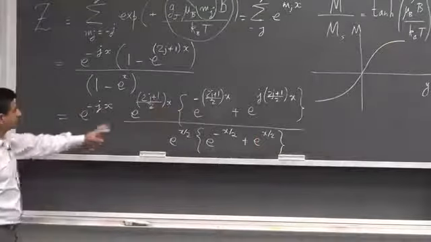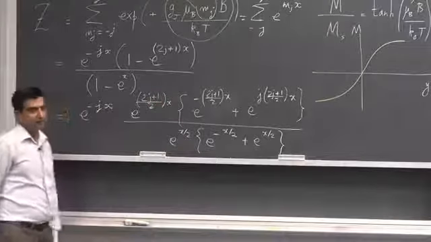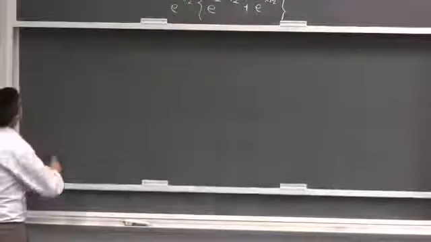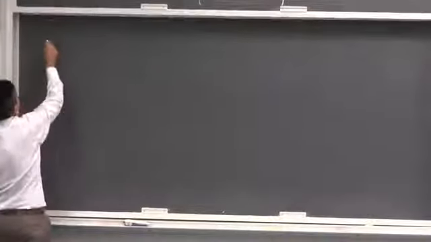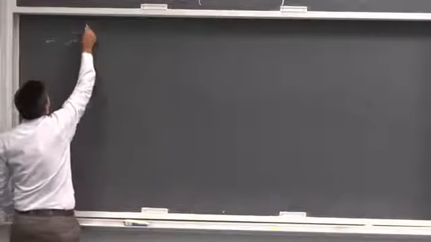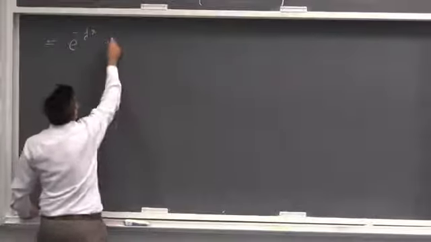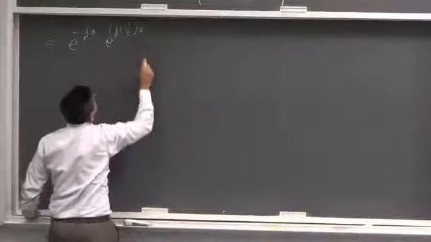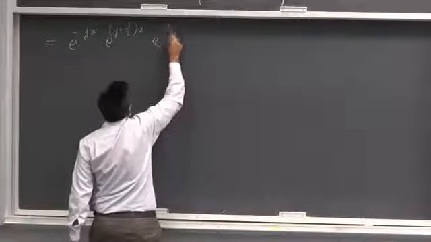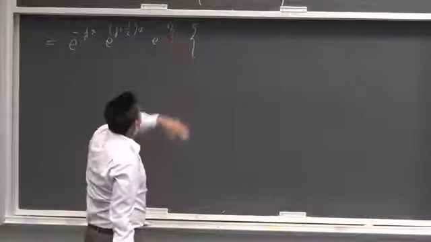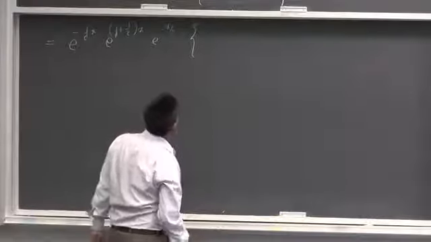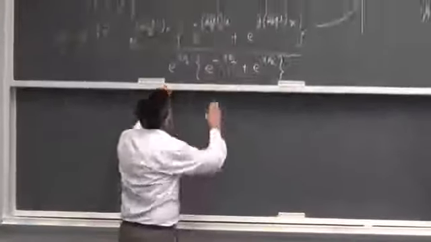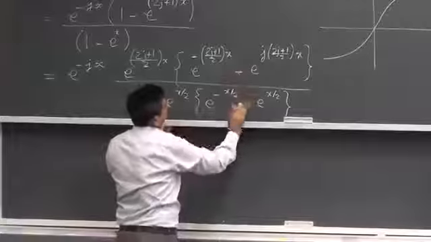So I just cunningly take these factors out as common, and my partition function reduces to a somewhat simpler form: this is minus and this is a minus, sorry.